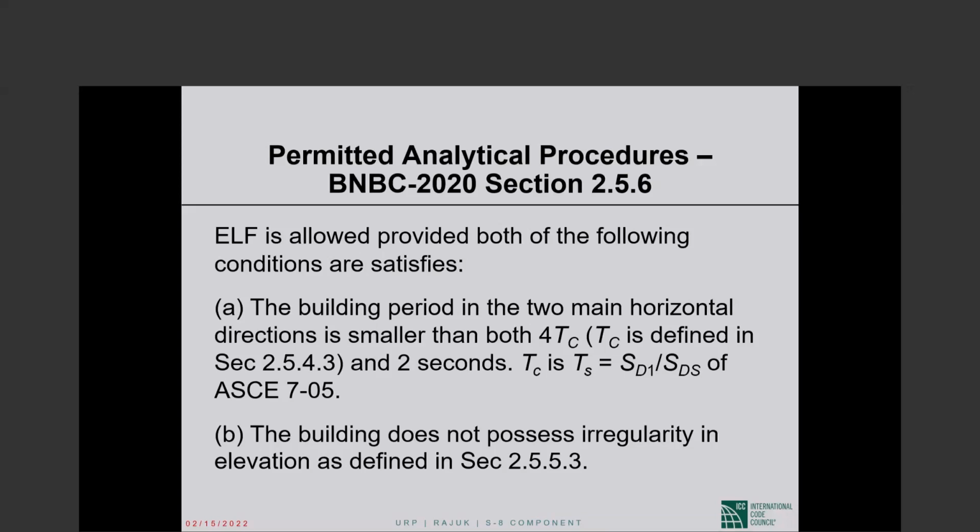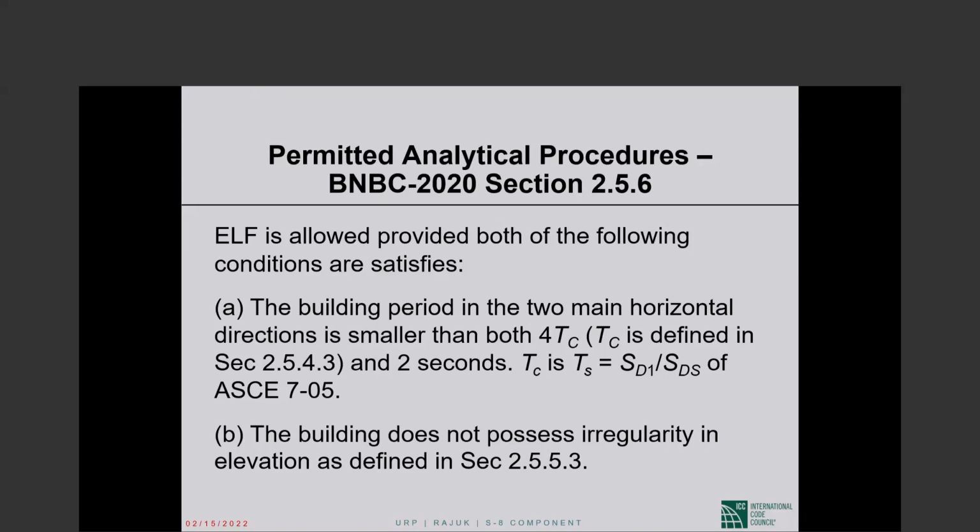Anyway, so you understand that we are talking about frames that are 20 stories tall or shorter. Those are the ones that can be designed using equivalent lateral force procedure. Also, second condition, the building does not possess irregularity in elevation as defined in section such and such. So there are plan irregularities, there are vertical irregularities that we discussed in detail.